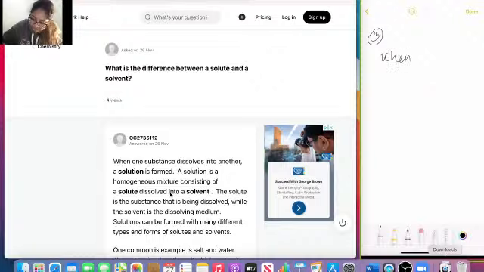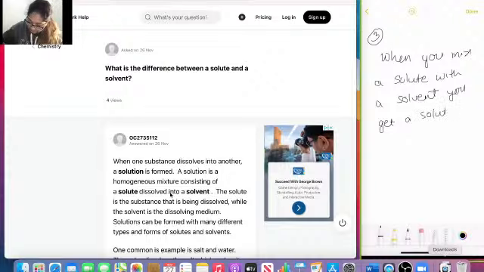When you mix a solute with a solvent, you get a solution. Okay, so the mixture is called a solution.